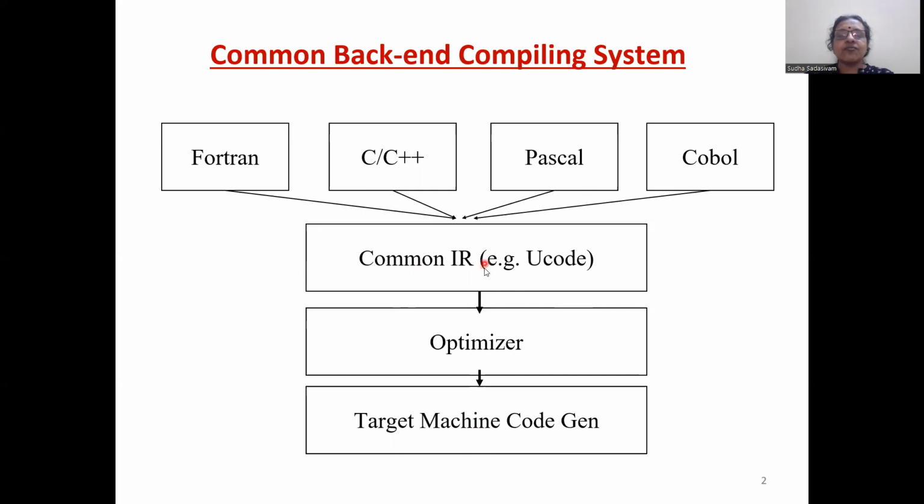So making use of the intermediate code, the back end of the compiler can be common for different front ends belonging to different languages. So the back end is independent of the source programming language.